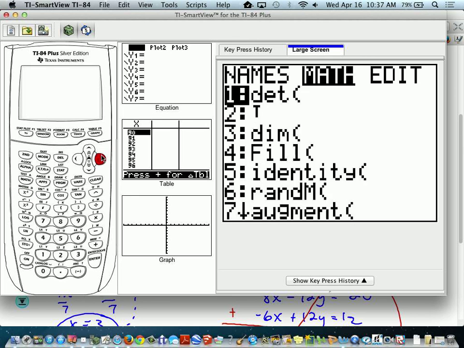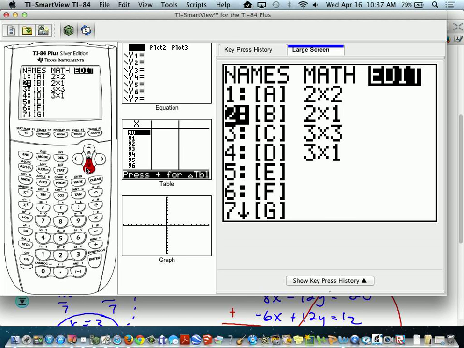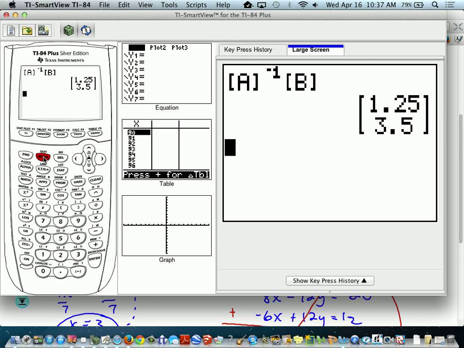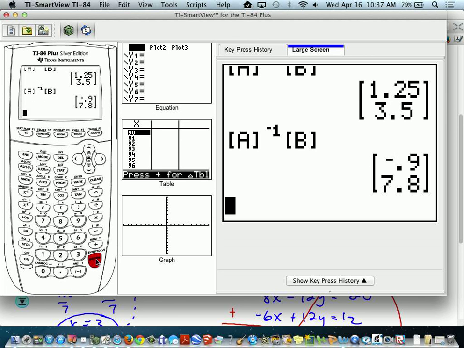Then you edit matrix B, this is the solution part, and we had 15 and negative 30. Now if you're doing a bunch of these in a row, all you have to do is hit second enter, and it pops the A inverse B on the screen again, and you hit enter, and there's our negative 0.9 and 7.8.